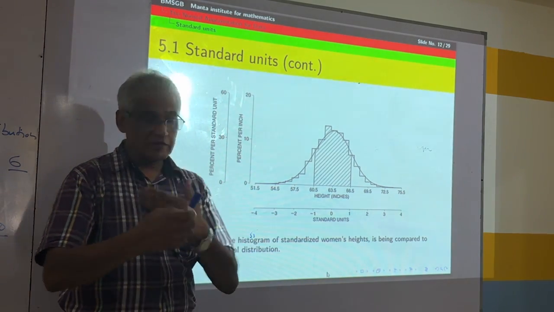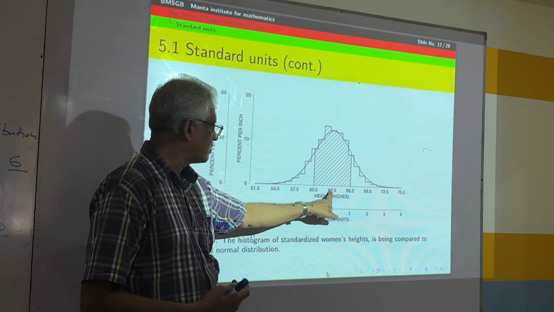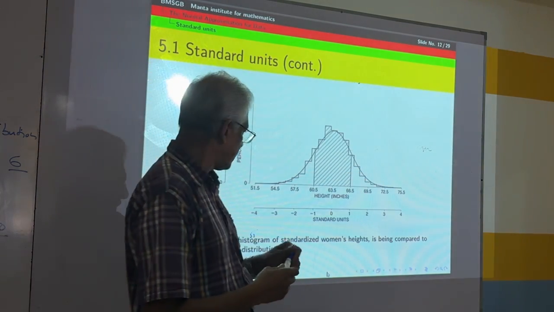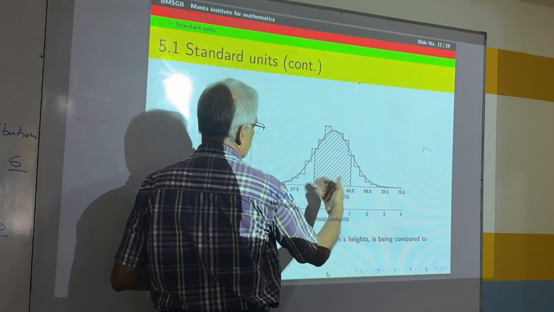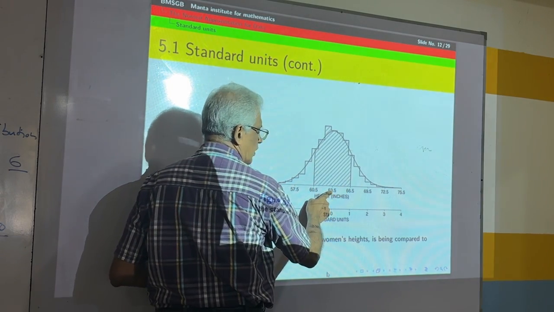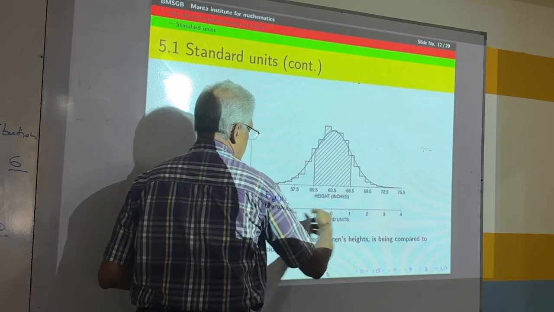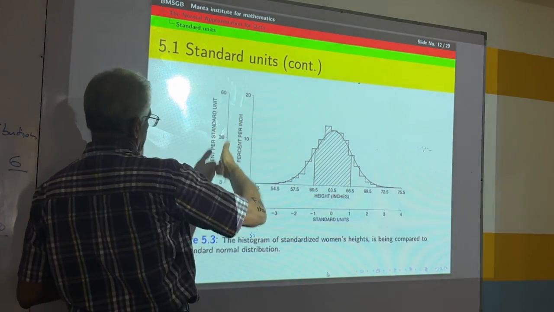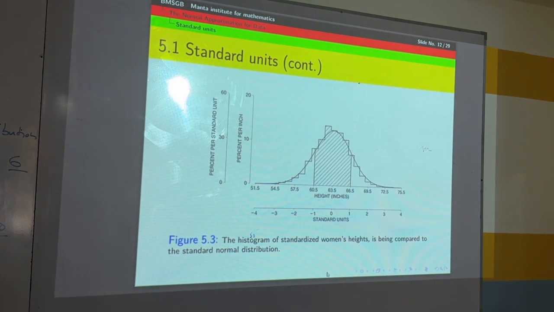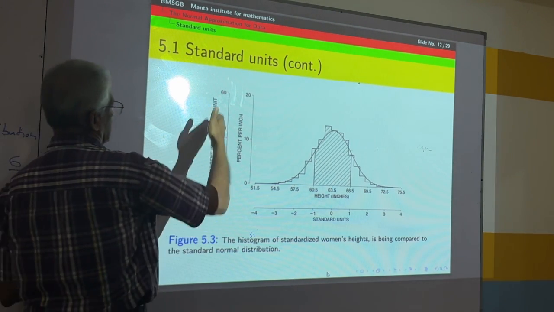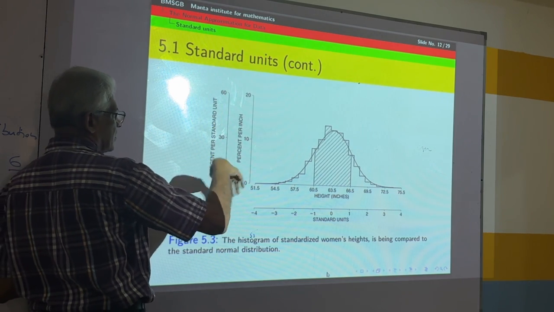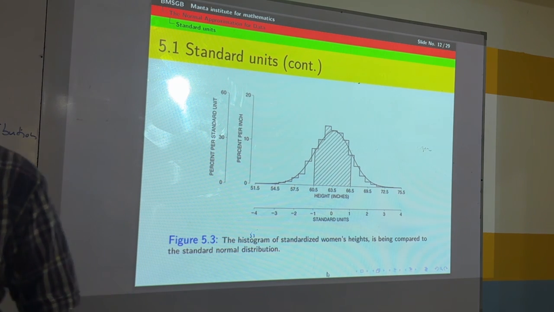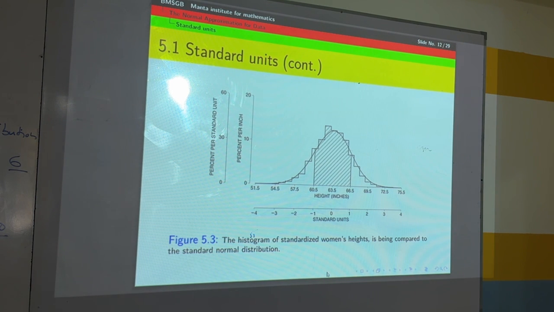So when you convert that value into Z, it becomes 0: 63.5 minus 63.5. And the standard deviation was, I think, 3. So if you subtract 63.5 and divide by 3, you get these numbers. And then the density for the standard units will be sigma times the density for the original units. You can mathematically show it.